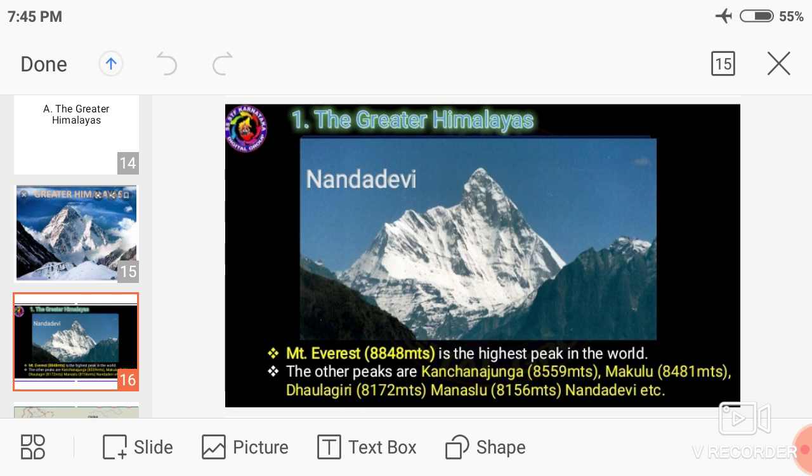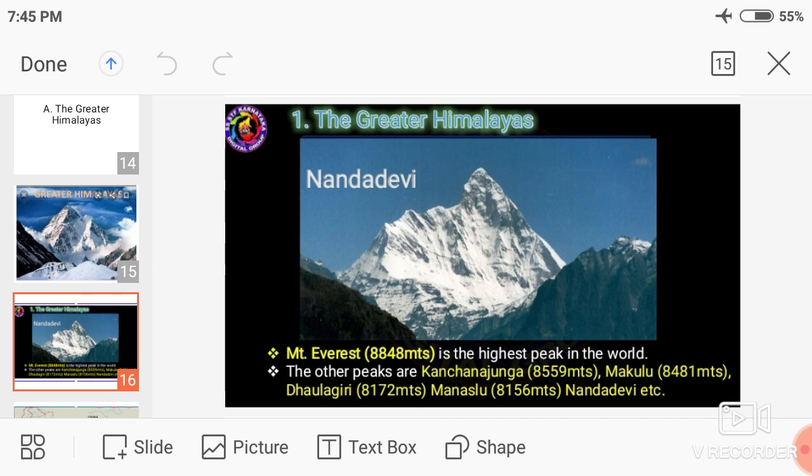The other peaks are Kanchenjunga, Makalu, Dhaulagiri, Manaslu and Nanda Devi. Kanchenjunga is 8,559 meters. Makalu is 8,481 meters.